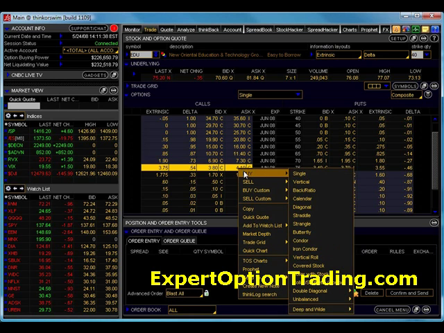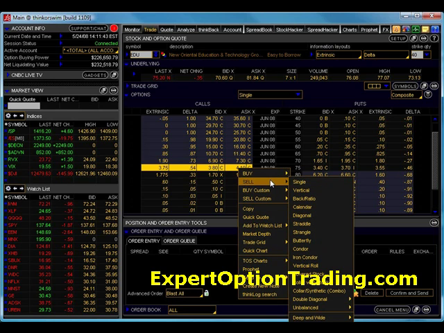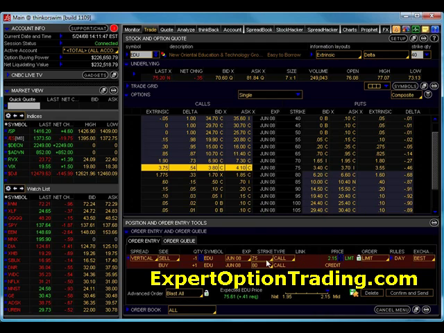So instead of going to buy vertical, as we would on a normal vertical spread, we actually go to sell vertical. And in this case, what happens is we receive a credit of $2.15.